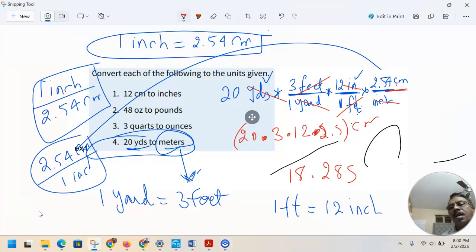I think I missed something, because the question was asking us to convert to meters.